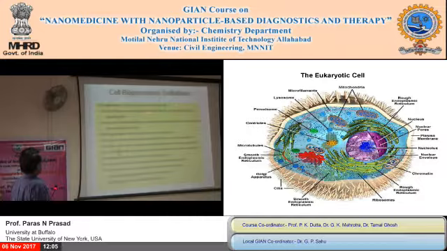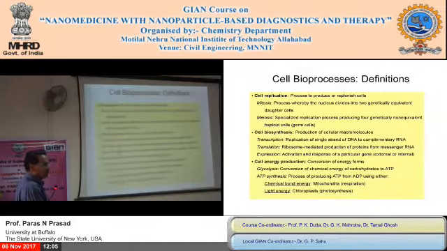So then let's look at some of the bioprocesses that you may be looking at, whether trying to diagnose a disease or trying to understand the fundamental properties of a cell or drug-cell interaction. You introduce some drug in there and you want to see what the interaction is. One is cell replication. Cells replicate or reproduce to replenish the dying cells.